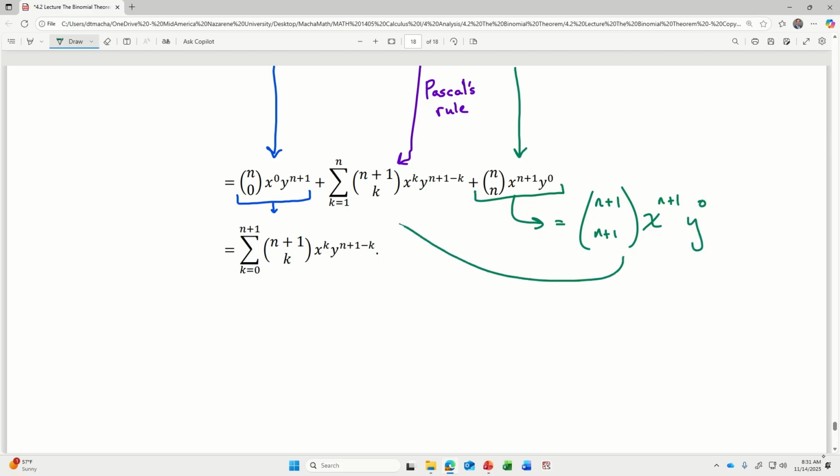Okay, and now you can probably see a little bit more easily how that gets included when I make the upper bound of my index variable n plus 1. Then I would get this. So by lowering the lower bound and raising the upper bound, I get to include the blue term and the green term, and then I get this as my final expression.